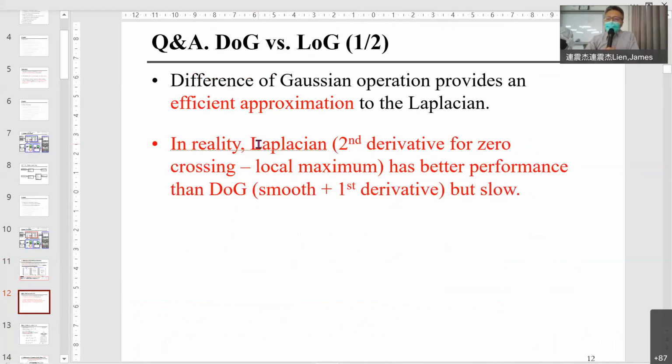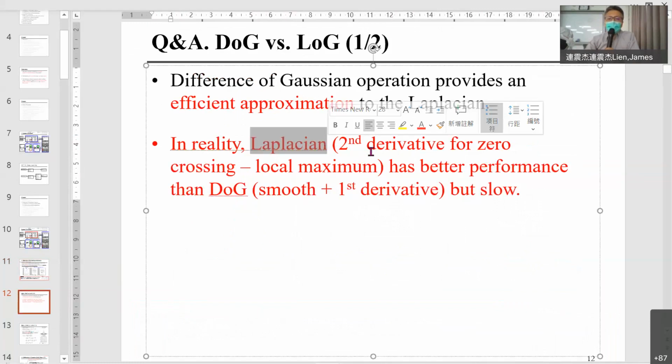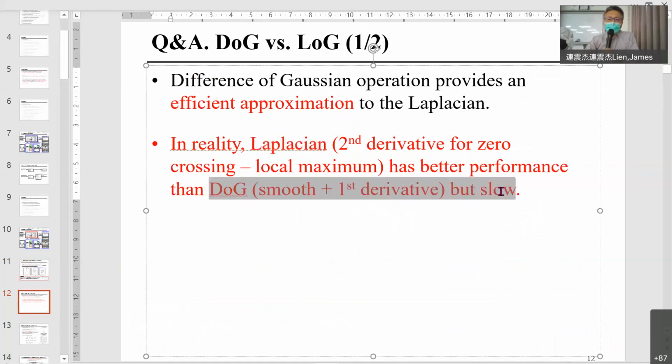Actually, the second derivative, the Laplacian, is better, but it is slow. So we want something fast. It's DOG.